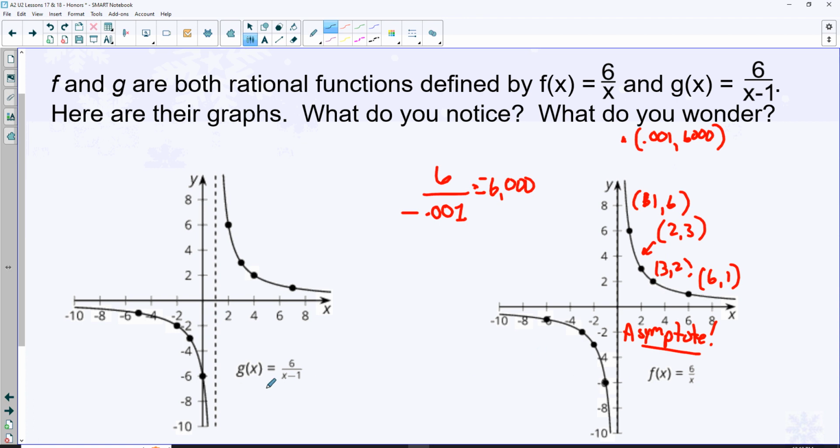Unlike the last one, 0 works because 0 minus 1 is a number. But is there a number that I'm not allowed to use? 1. If x equals 1, then I get 6 divided by 0, which is, again, no good. So that's why my asymptote is now sitting at x equals 1.